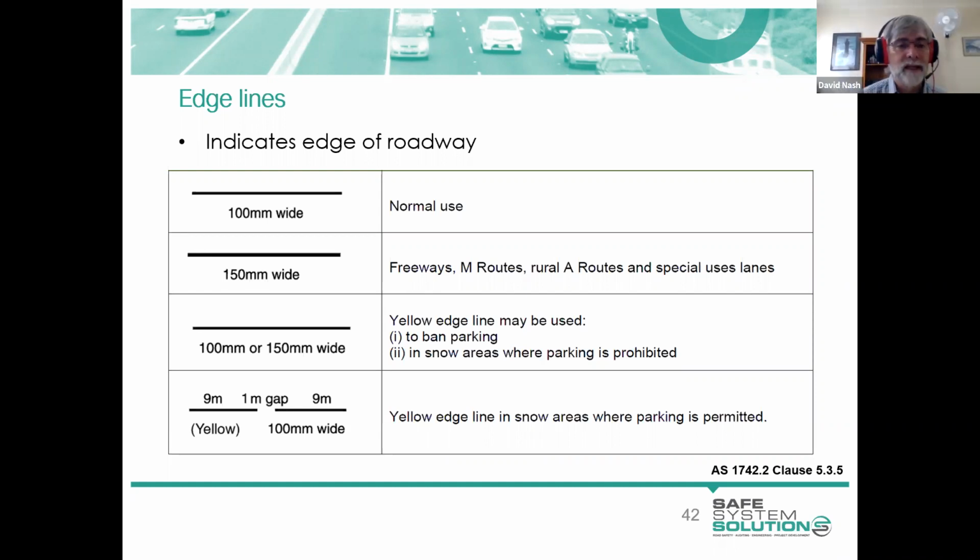But if you use a continuous yellow edge line in a snow area, then that will ban parking. So if you want to provide the yellow line in a snow area, but you don't want to ban the parking, then again, just make it a broken line by putting the occasional gap in it. And we're suggesting a 9 metre line with a 1 metre gap. Very unusual.